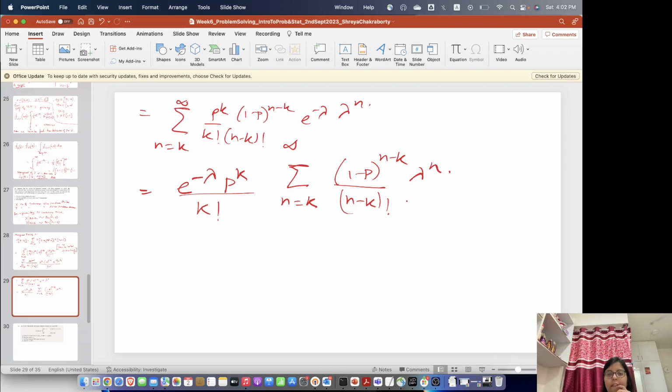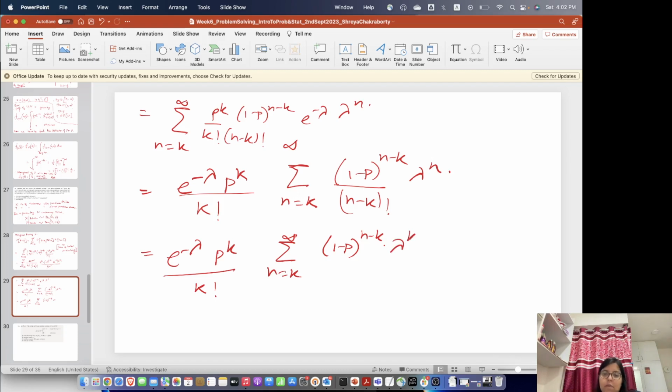Okay, so this one we can write as e to the power minus lambda p to the power k by k factorial, summation n equal to k to infinity, 1 minus p to the power n minus k.